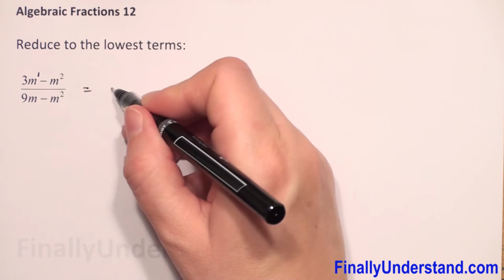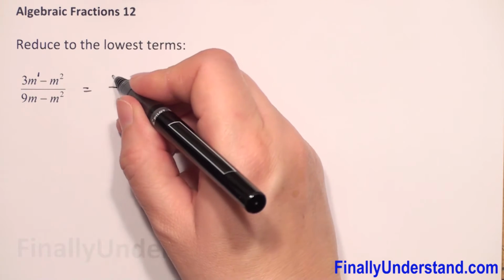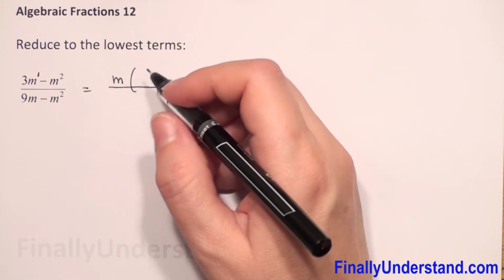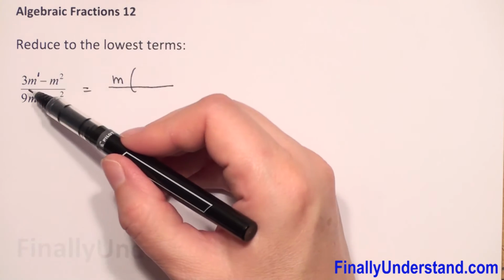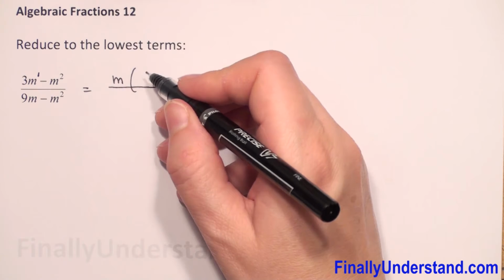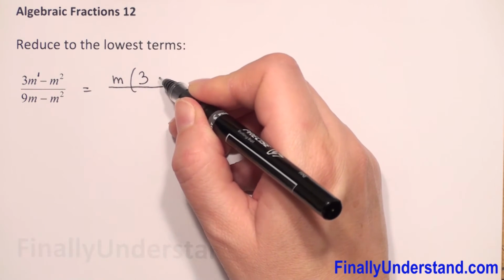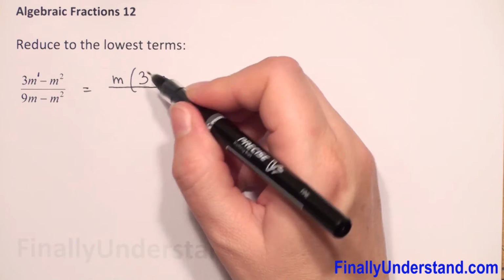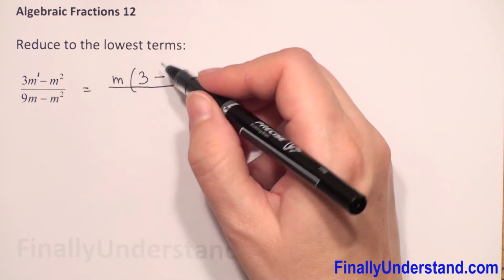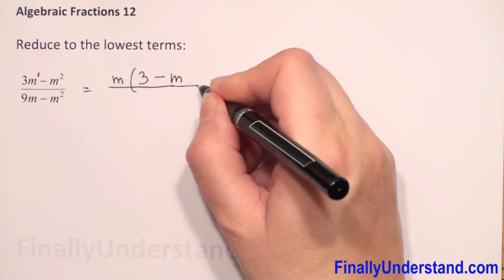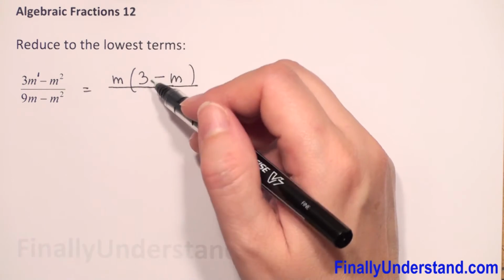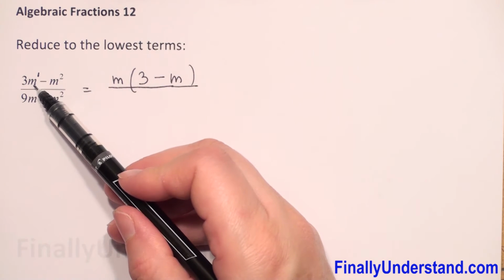So we will have m in front of the parentheses, and in parentheses, 3m divided by m is 3. And we have minus m squared divided by m is m. In another way, you have to ask yourself, we have 3m here.